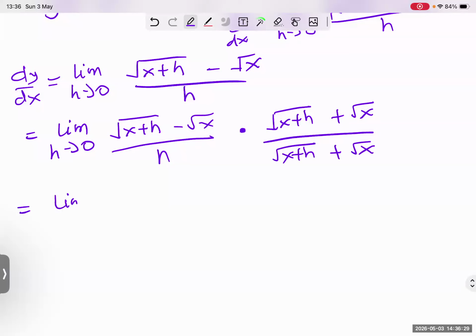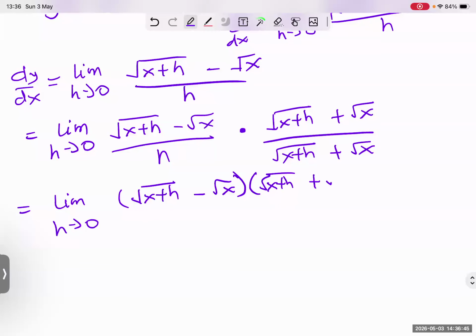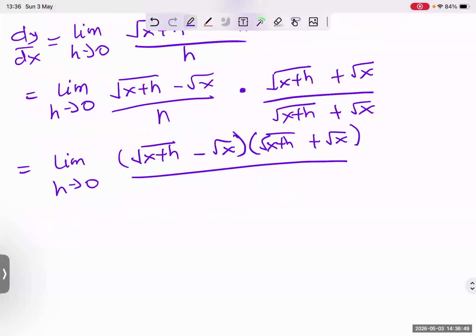This is the limit as h approaches 0. We put the tops together, put the bottoms together. So the tops will have root of x plus h minus square root of x, root of x plus h plus square root of x, divided by, we put the bottoms together, h times square root of x plus h plus square root of x.